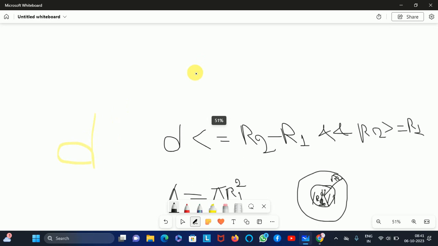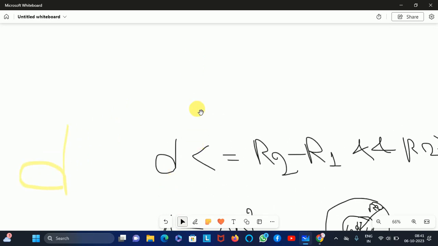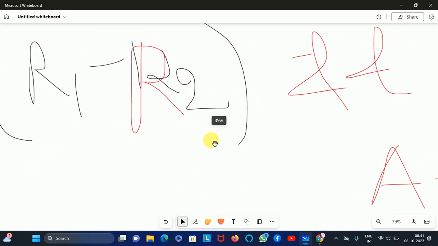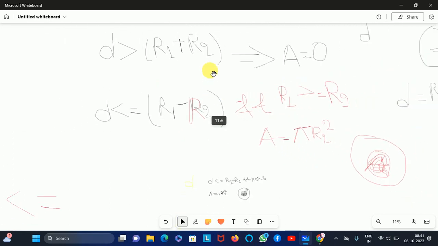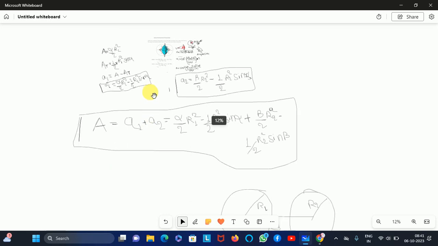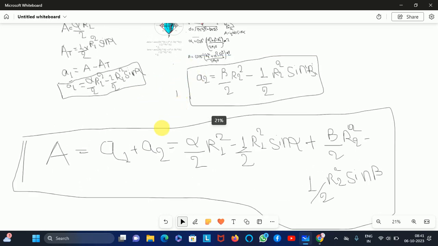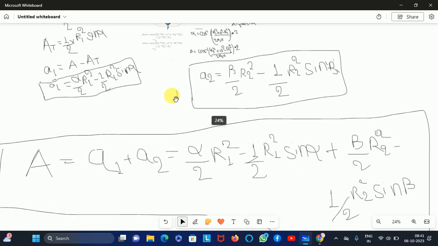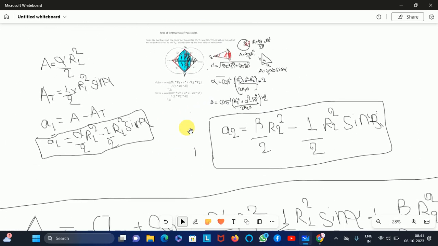And the fourth condition is what I have derived here. If none of the three conditions is fulfilled, we use this general formula, A1 plus A2. So that's all the conceptual part.